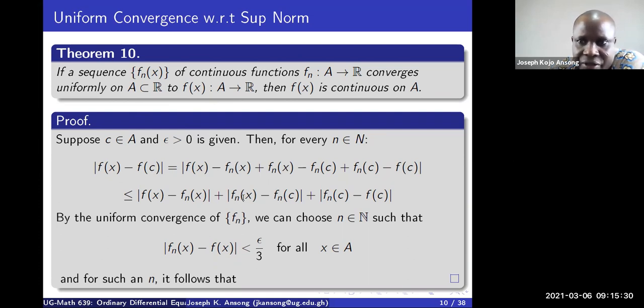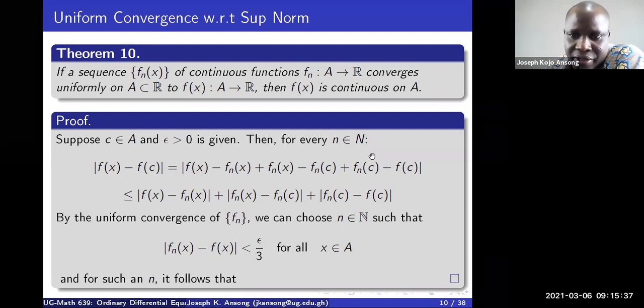Note the trick, which you've probably seen in real analysis: this cancels out this, and this also cancels out this. So in fact you just have f of x minus f of c, which is equal to this. If you use the triangle inequality, then you can bound it: this is less than or equal to the sum of the bounds on these terms.